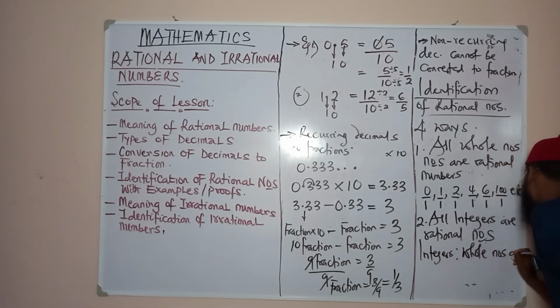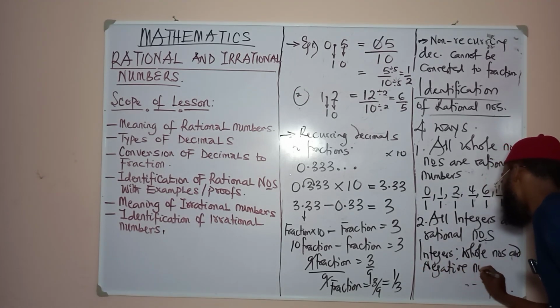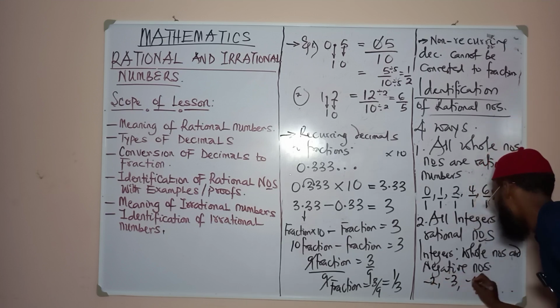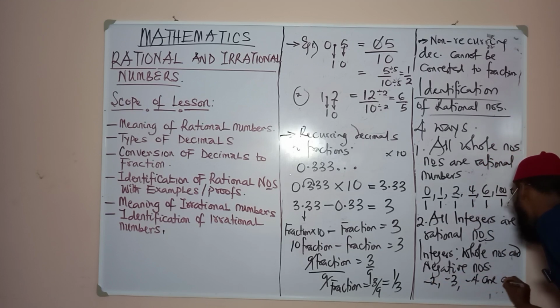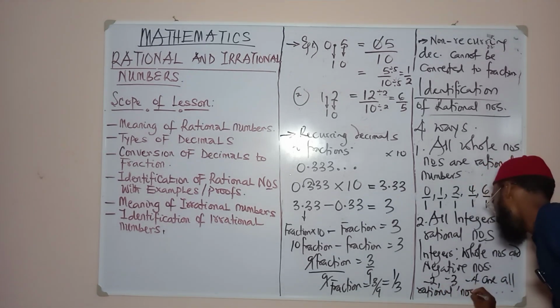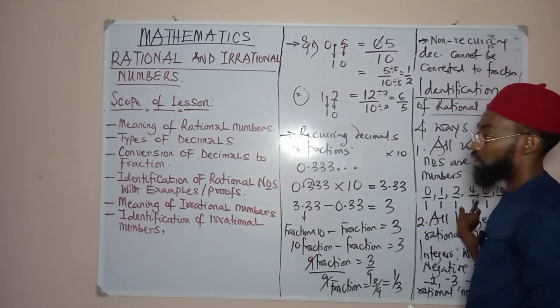Remember that negative numbers are also referred to as integers. So -2, -3, -4 are all rational numbers. Please take note, because their denominators can be gotten as 1, just like we did for whole numbers.